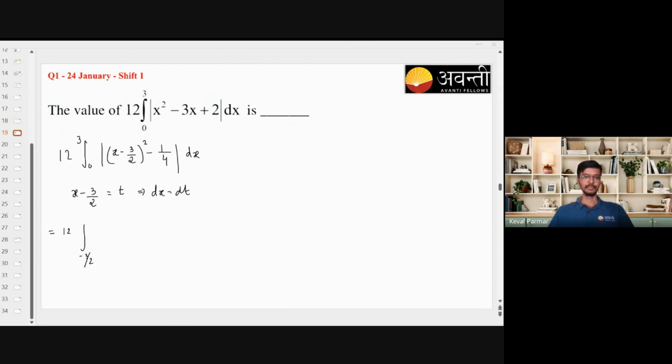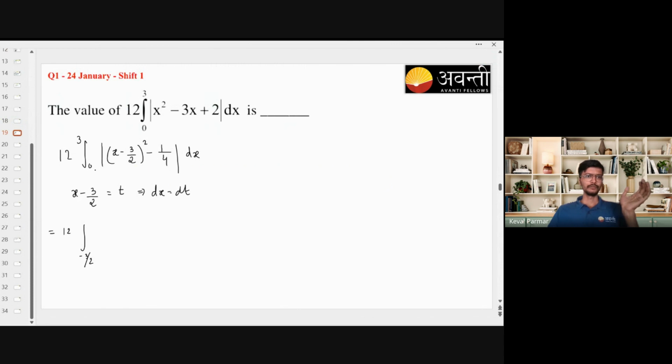Since x minus 3 by 2 equals t, and the integrand is x minus 3 by 2 the whole square.